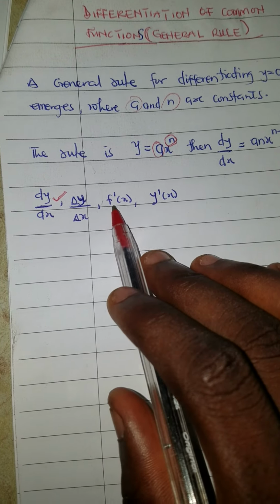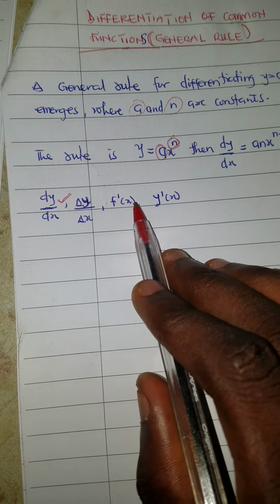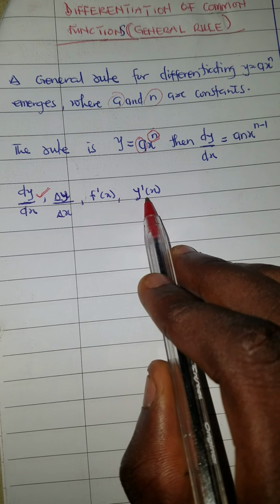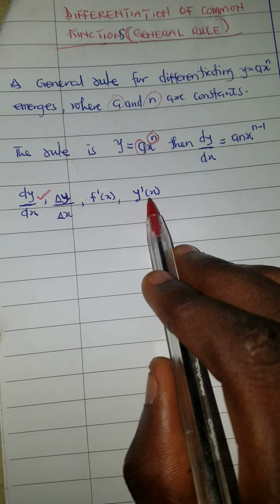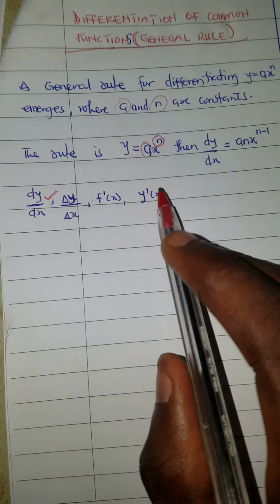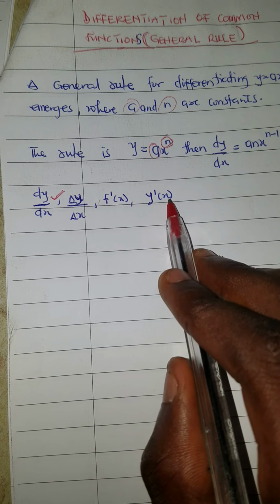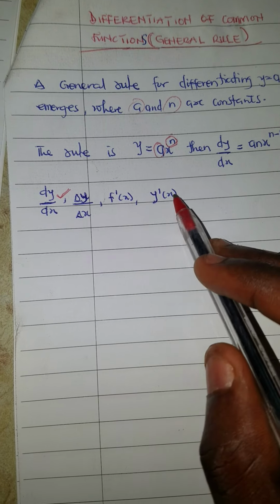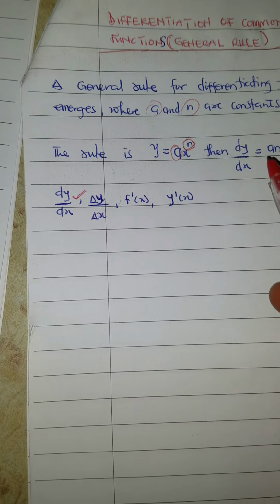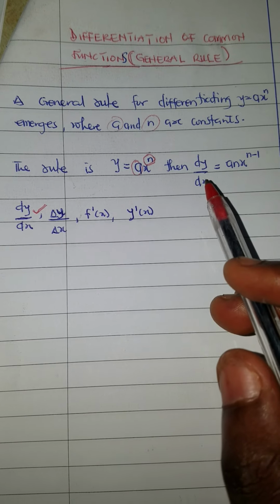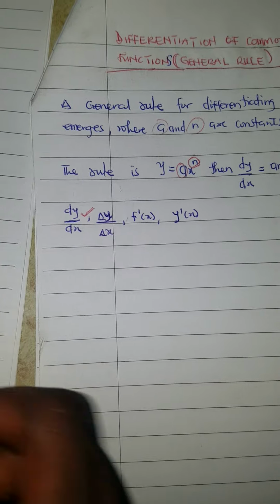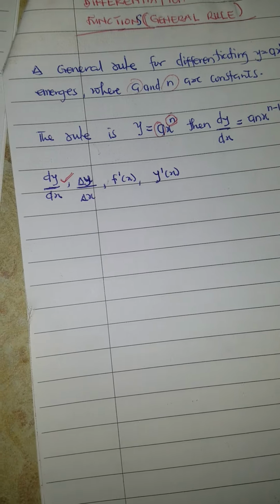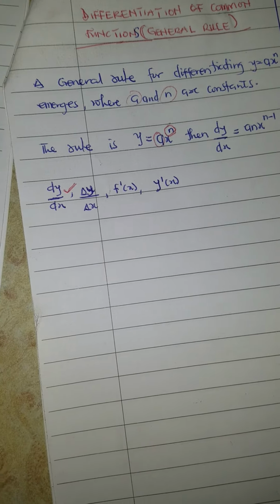That is, if the function is given in f of x, then y prime or y prime of x when the function is given in y. These are some of the differential notations we have, so you will not be confused when you are given some functions to differentiate, or you see such things in books. They all mean the same thing.